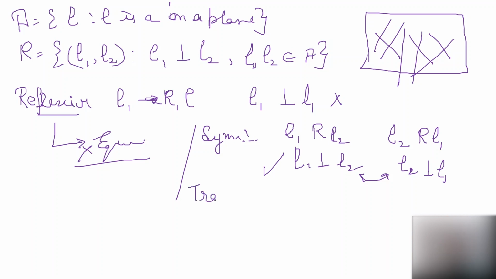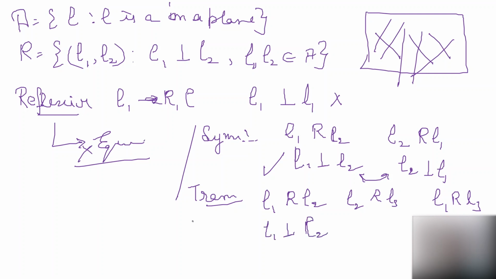Now transitive. Transitive means if L1 is related to L2 and L2 is related to L3, can we say that L1 is related to L3? Means if L1 is perpendicular to L2 and L2 is perpendicular to L3, can we say that L1 and L3 are perpendicular to each other?